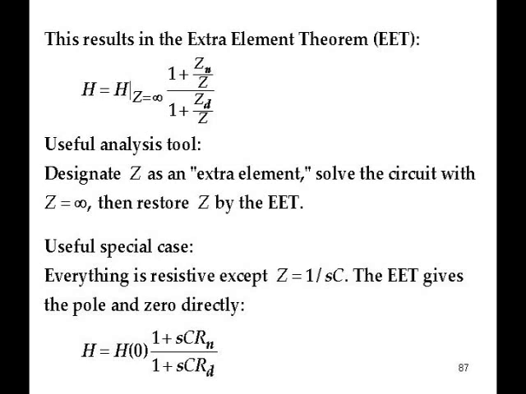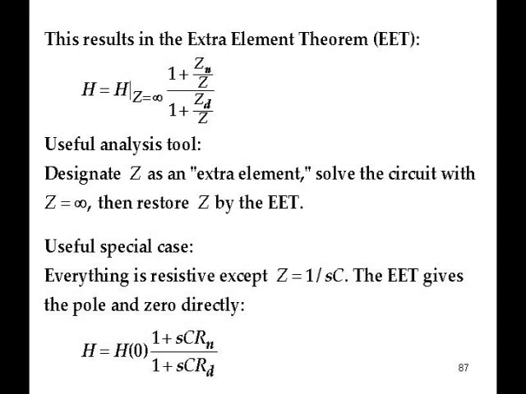If the circuit is entirely resistive, except for one element, which is a capacitance, then if you do the injection at the capacitance, then the Zd and Zn are resistances, and the Z is a 1 over S term, and so you get the pole and the zero caused by that capacitance directly by separate calculations. And you don't have to recalculate anything to do with the system.